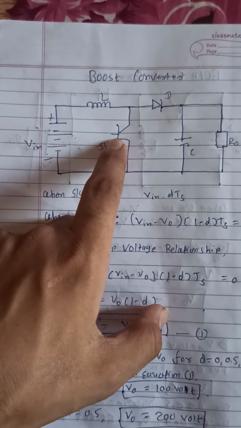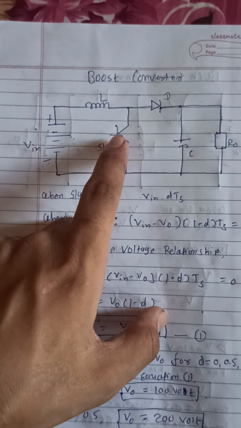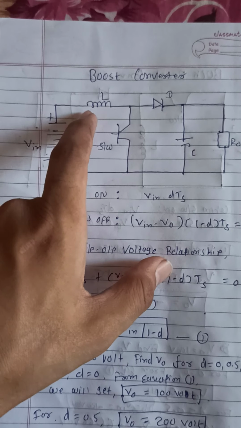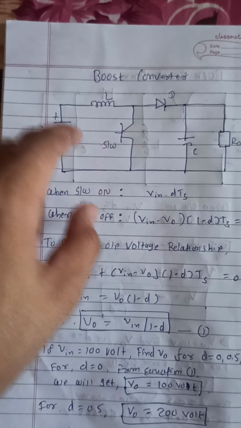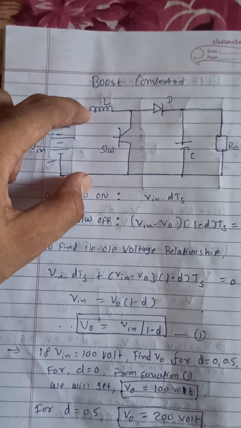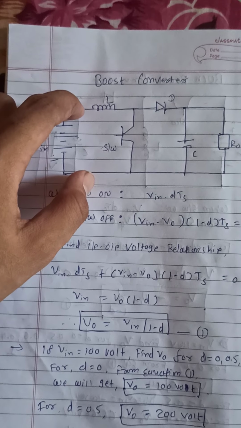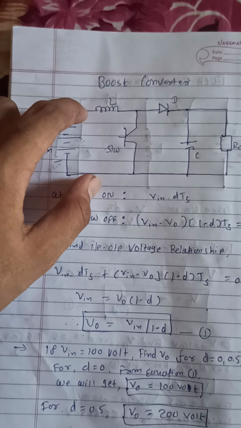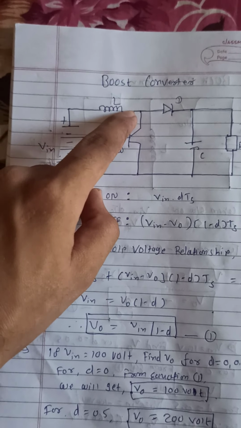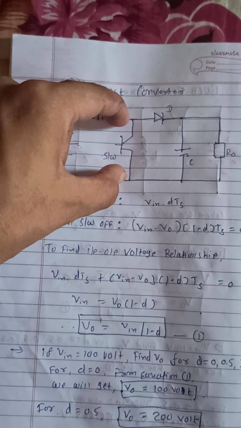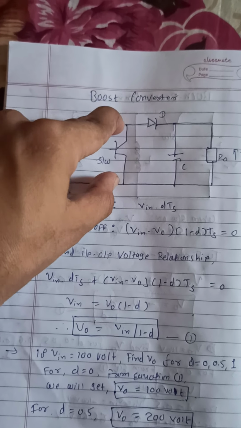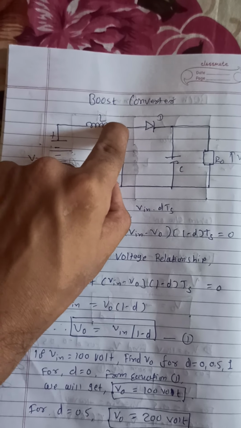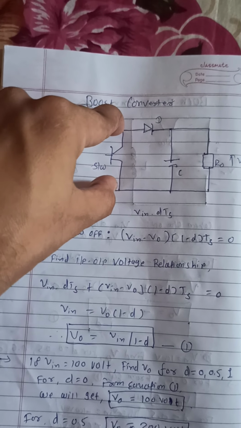then the switch is on. In that case, at the first terminal, the voltage across the inductor is V in. This voltage will appear across the first terminal of the inductor, and at the second terminal, whenever the switch is on, the voltage appearing is 0. Why?